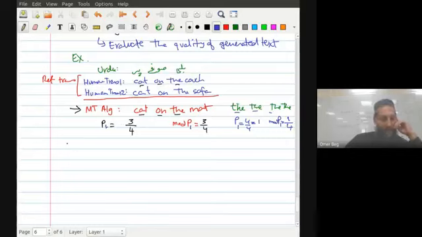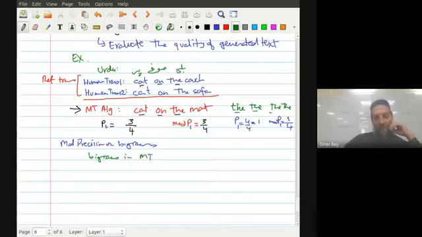We can calculate modified precision on bigrams as well. And in that case, how would it do it? So bigrams in the machine translation, which is "the cat on the mat": basically there are three bigrams.